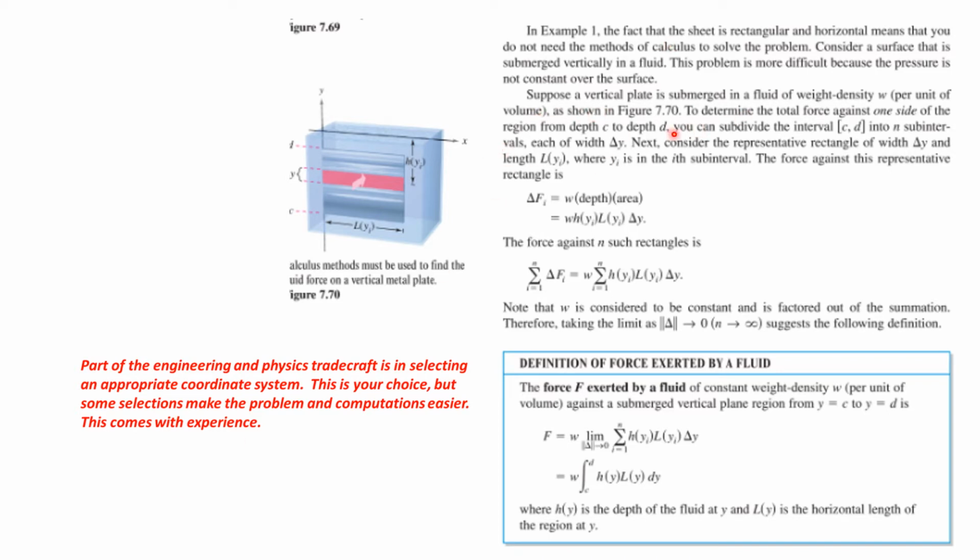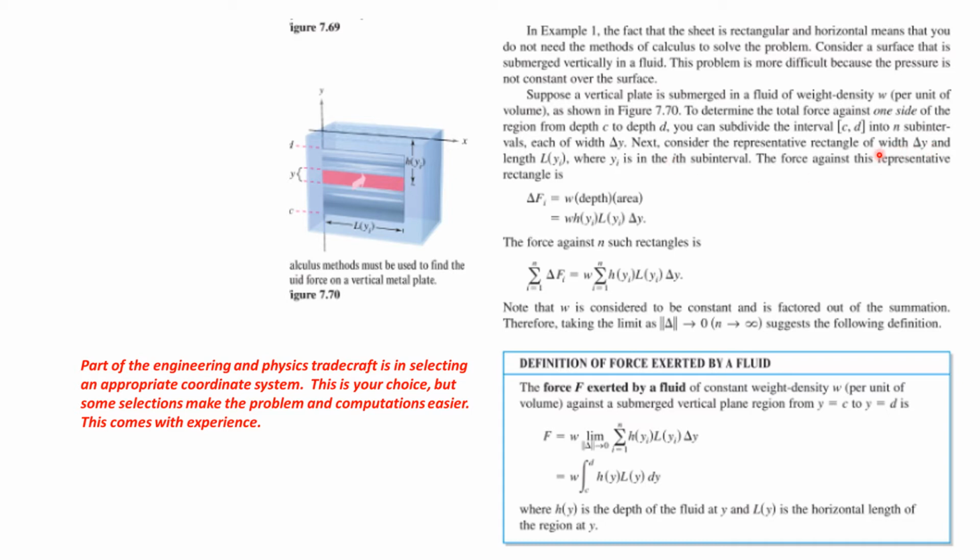Okay, so anyway, we've got this submerged. To determine the total force against one side of the region from a depth C to a depth D, you subdivide the interval CD into n subintervals, and this is a little subinterval that we're dividing it into.